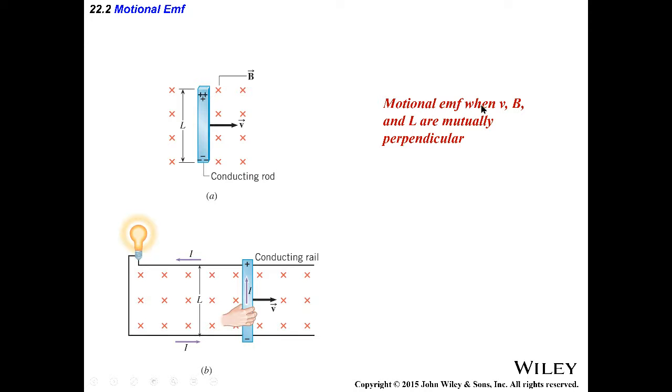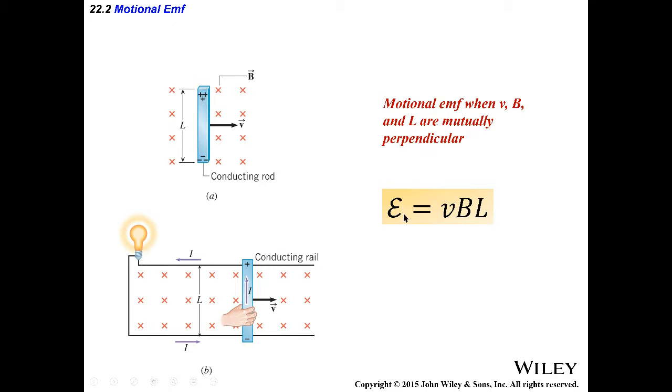Motional EMF, when V and B and L, namely the length of this rod, are mutually perpendicular. The book, if you look at the book, now if I ever am able to meet those guys in the Wiley Plus, I say, please don't use the E, because they didn't use a curly E. They use E that looks like electric field. They use E that looks like energy, but EMF is neither electric field nor energy.